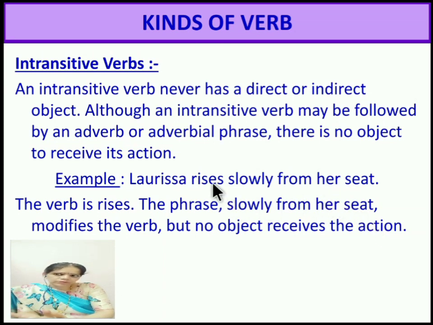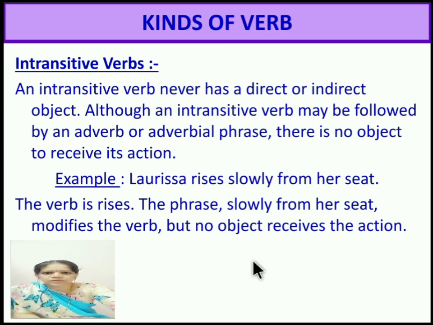Adverb: slowly. It is not necessary to have from her seat. It is a complete sentence in itself. Larissa rises slowly. But no object receives the action. The seat is not going to receive the action. The bench is not going to receive the action over there. It is not mandatory here. So, rises is an intransitive verb in this sentence.